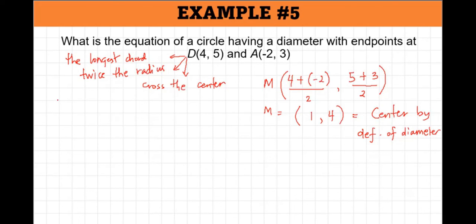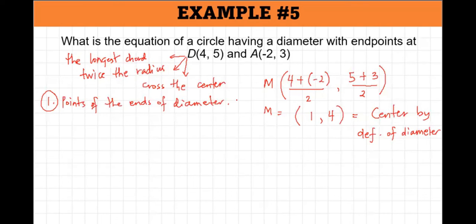Pwede kang gumamit ng, number 1, points of the ends of the diameter. Pero, kapag pinili mo tong option na to, you still have to divide it by 2. Kasi nga, ang diameter is twice the radius.